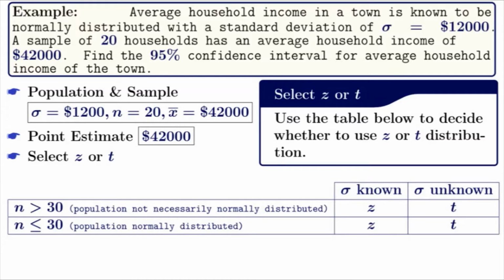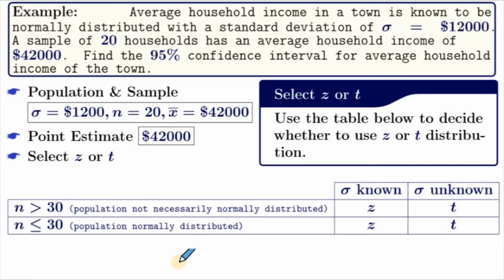Now, we need to decide whether we want to use Z or T. This chart here will guide us to determine whether to use Z or T. Looking at the chart, we see that when sigma is known, we use Z and otherwise we use T. Also, we need to look at the sample size. When sample size is larger than 30, population does not need to be normally distributed, but when sample size is 30 or less, population has to be normally distributed.